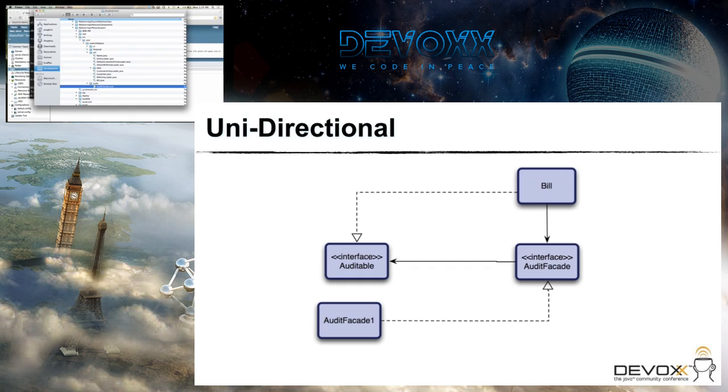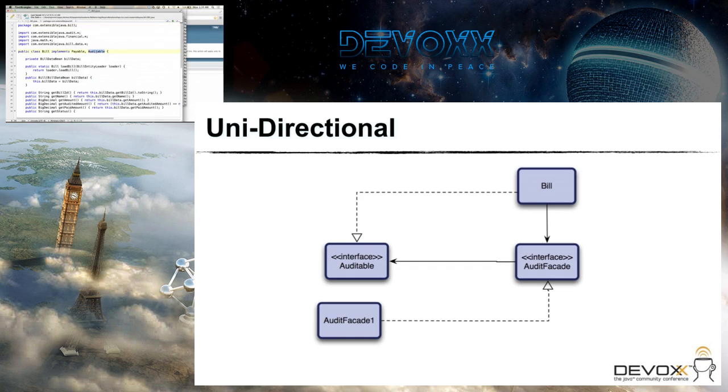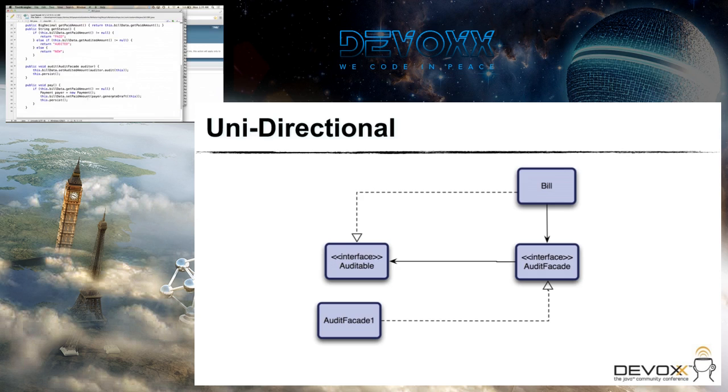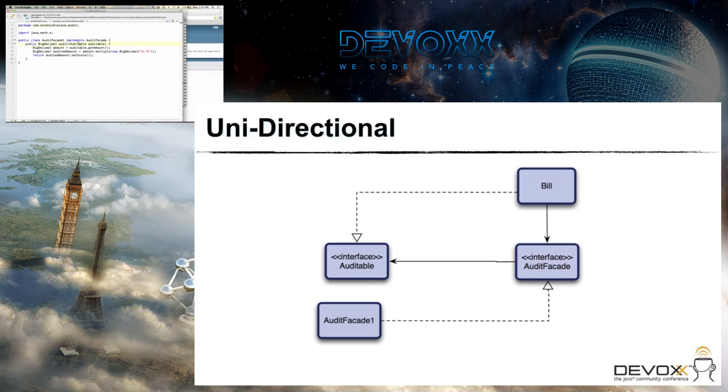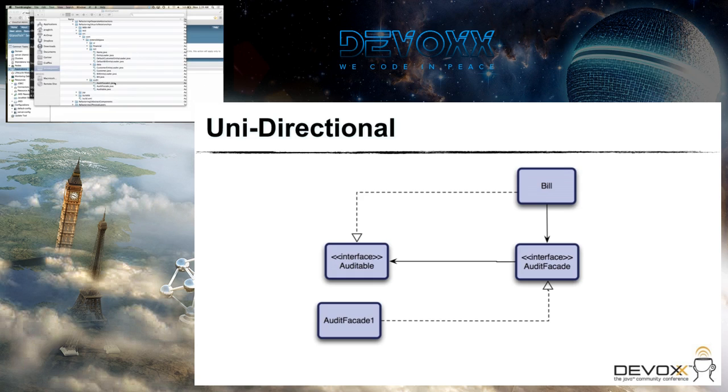And if I take a look at this, you can see that bill now implements auditable. Everything else is still pretty much the same. If I go take a look at my audit facade, it now accepts an auditable instead of the bill. So I have broken apart that bidirectional relationship by introducing the abstraction.